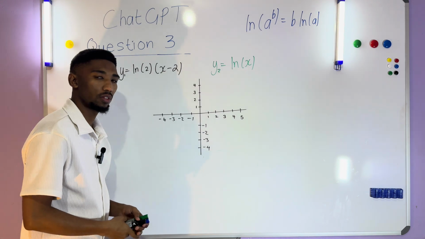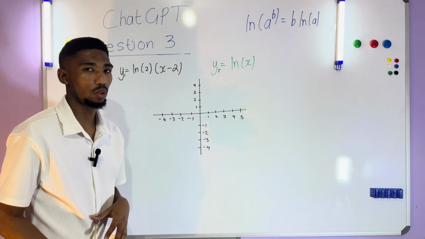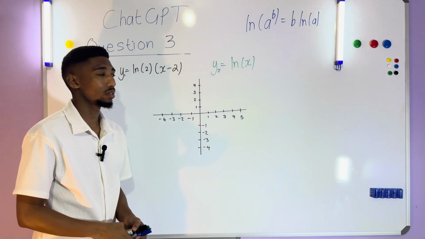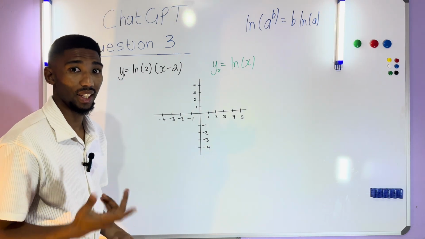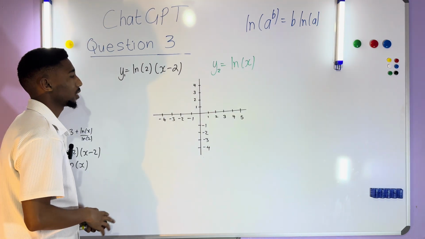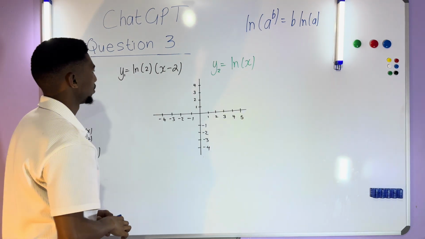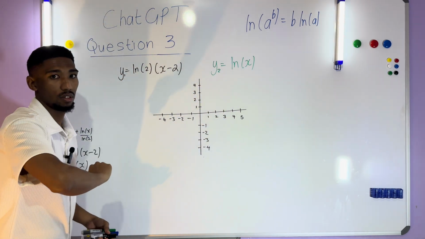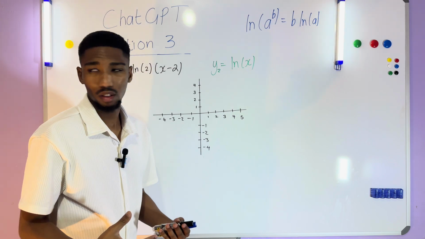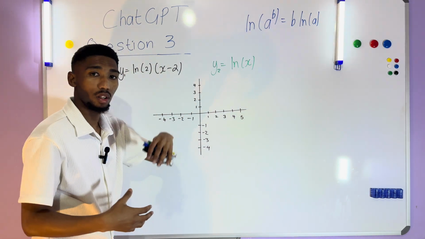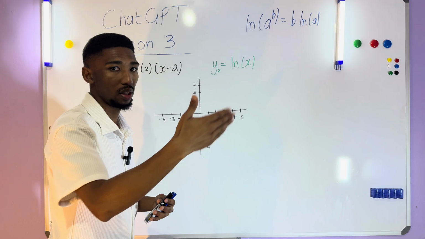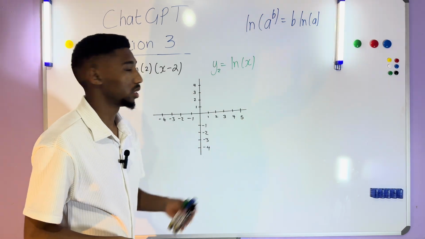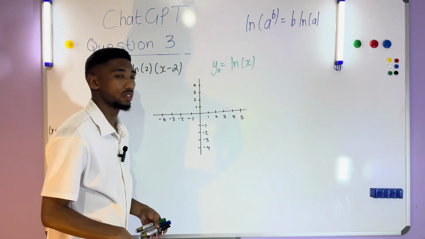We're going to solve this graphically, and we know that x will be the point of intersection. That's when we will know what the value of x is. First we're going to draw the basic ln graph. We know that the domain for the ln graph is that x is bigger than 0, and the range is all values from positive infinity to negative infinity.